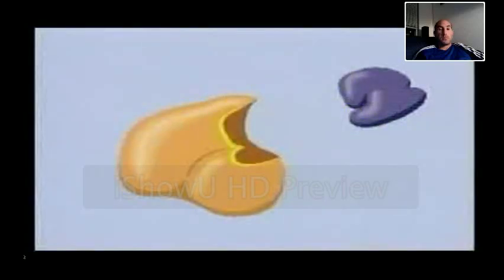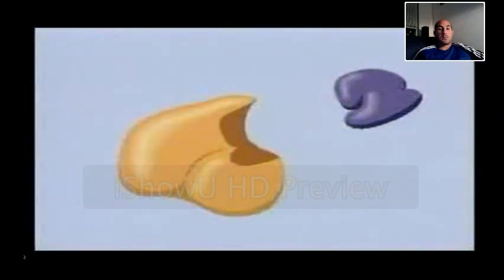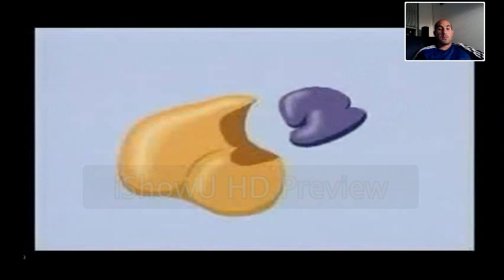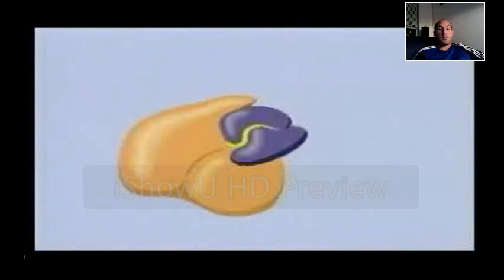Notice the shape of the substrate and the active site. They fit each other like a lock and key. In general, each enzyme's active site can fit only one kind of substrate, and so can speed up only one kind of reaction. When a substrate binds to the active site, an enzyme-substrate complex is formed. A slight change in the shape of the substrate weakens a chemical bond.